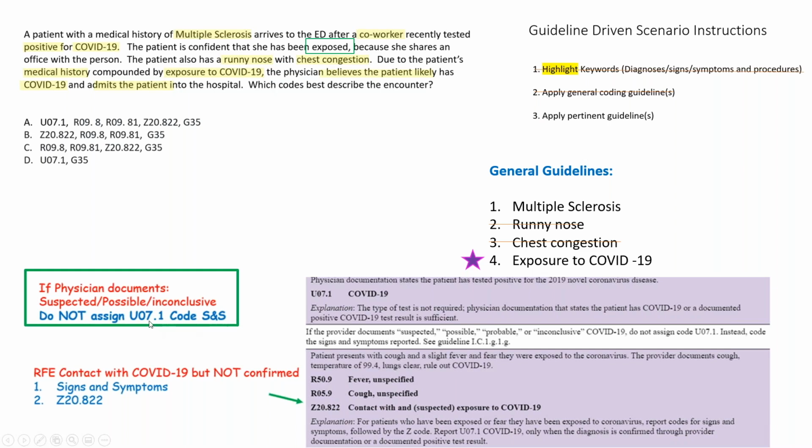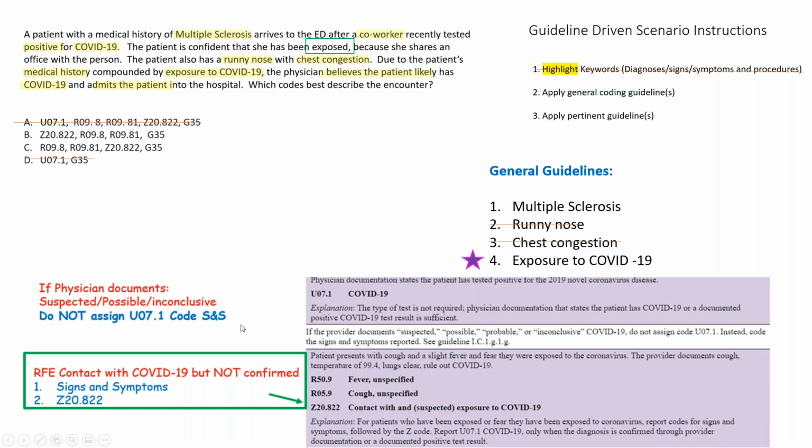So what we're going to do, we're going to get rid of anything that's coding U07.1 COVID-19. Any answer that has COVID-19 in it, we're going to get rid of it because it's a distraction. And also, we're going to code some signs and symptoms. Yes. So it says if the reason for the encounter is contact with COVID-19 but not confirmed, you're going to sequence first signs and symptoms, followed by your Z20.822, right?